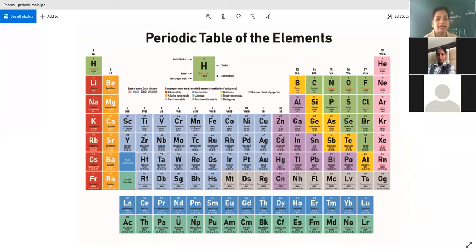We call them, as lanthanum is the head of the family, we call all these fellows lanthanoids.